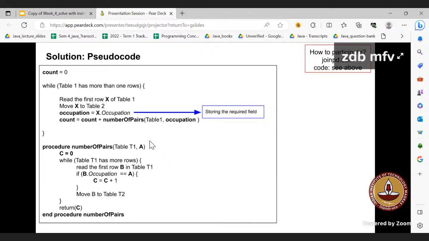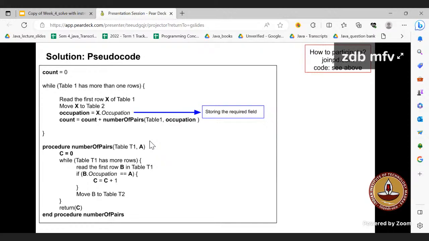Ma'am, it will be iterating only if I write table T1 dot data science. So if the card of table 1 has the occupation data science, then it will increment c. But for all the conditions like software engineer and others, the whole code doesn't compare the occupation of B to the occupation of X dot occupation which we assigned earlier.